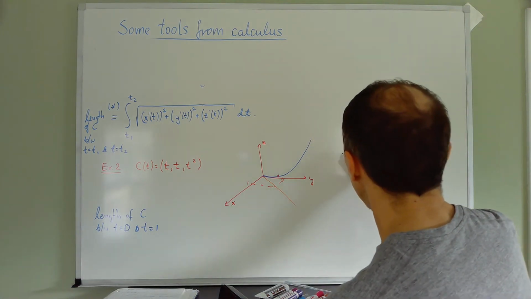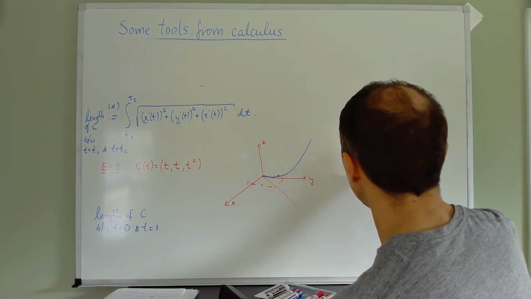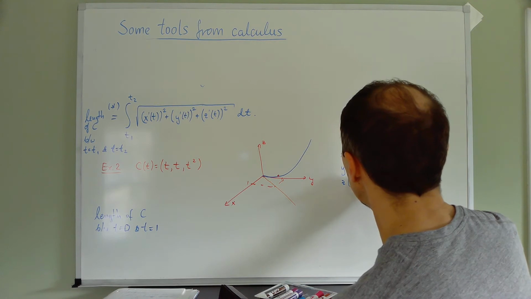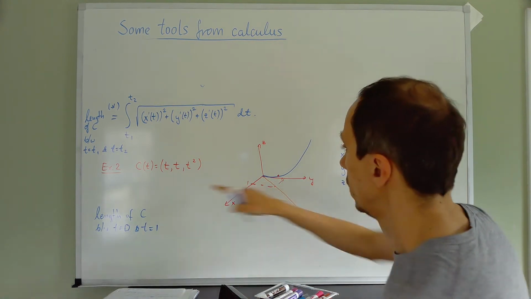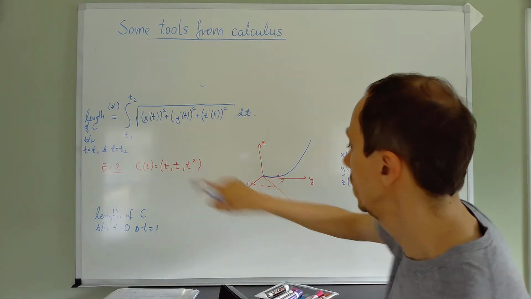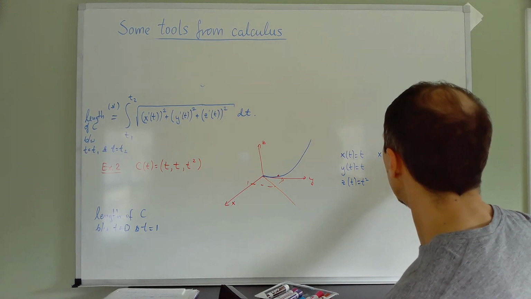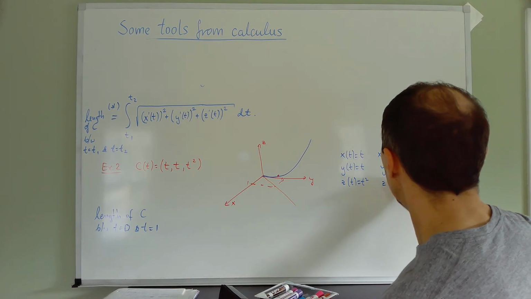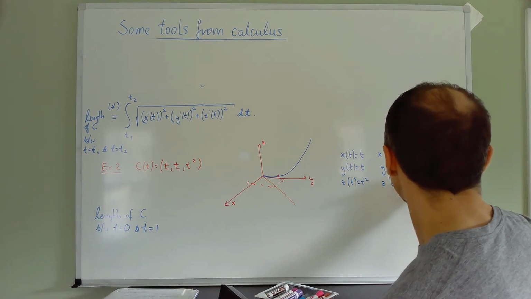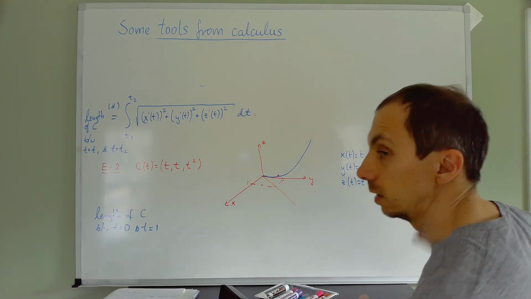So here in my formula, x of t is t, y of t is t, and z of t is t squared. So the derivatives are 1, 1, and 2t.